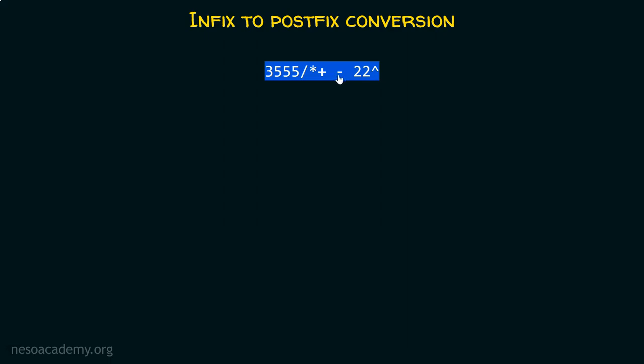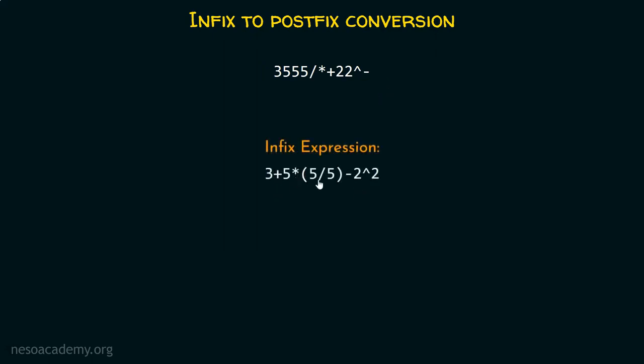So we will move this minus towards the right. This becomes 3, 5, 5, 5, divide, star, plus, 2, 2, power and then minus. Correct? This is the equivalent postfix form of the infix expression 3 plus 5 star 5 divided by 5 minus 2 to the power 2. Right? This is our infix expression and this is our postfix expression.